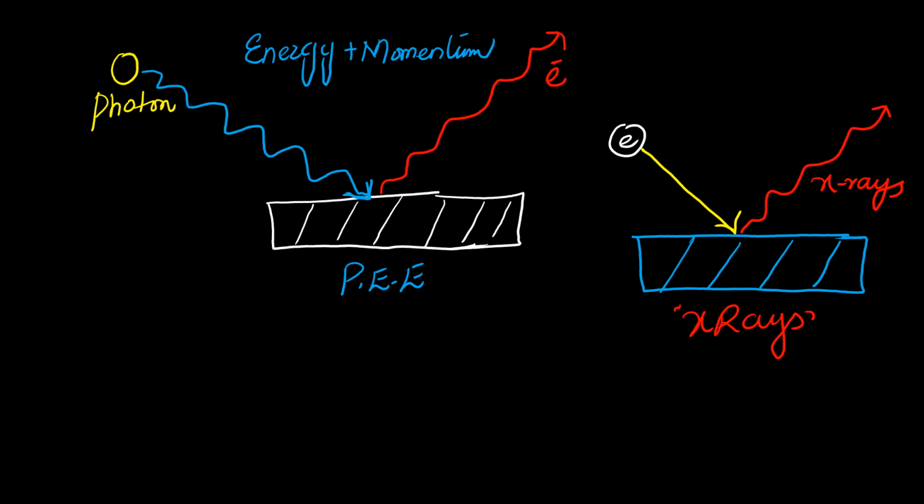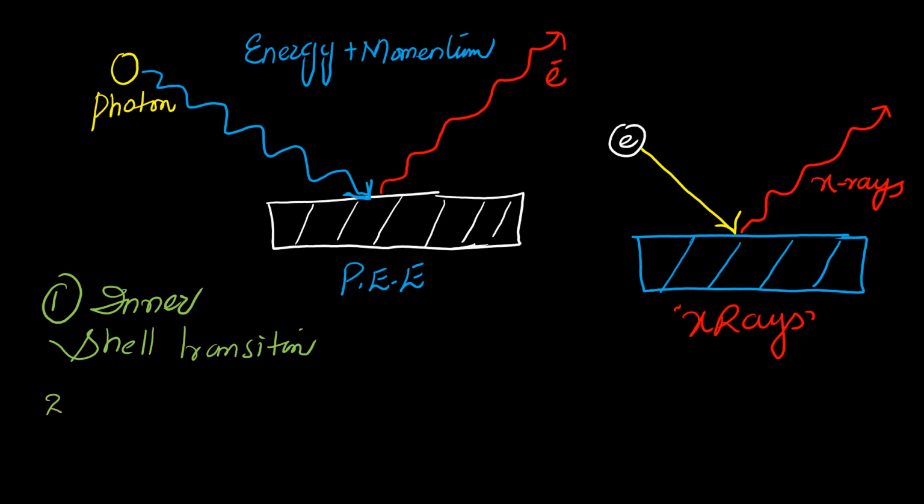So dear student, keep in mind that there are two types of interaction. One type of interaction of an electron with the surface of a metal is known as inner shell transition, whereas the second type of interaction is known as de-acceleration of electrons.